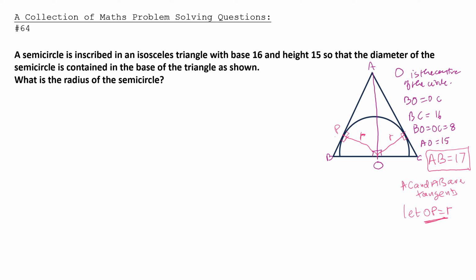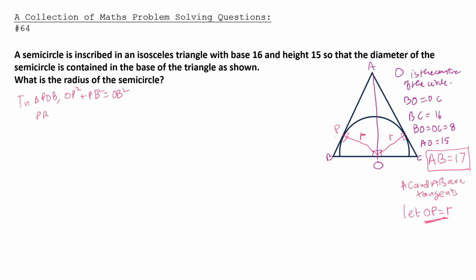And then we can find out what PB is in terms of R. In triangle POB, OP square plus PB square equals OB square.